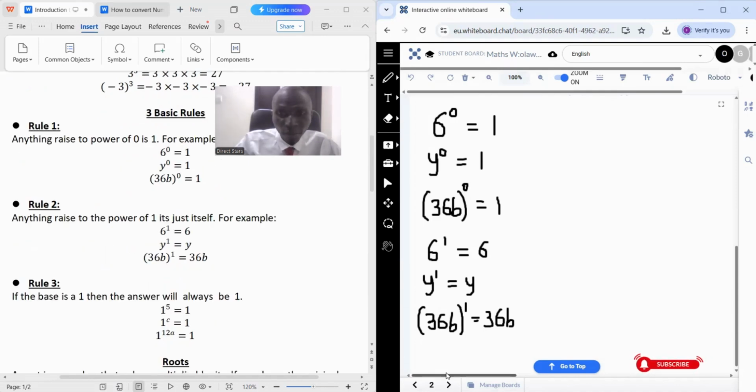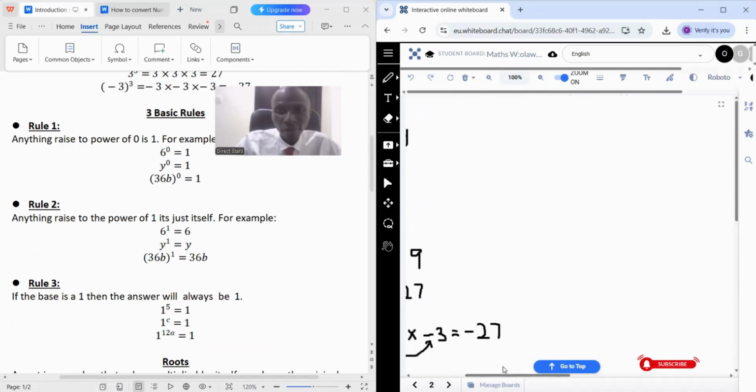And the third rule: if the base is a 1, then the answer will always be 1.